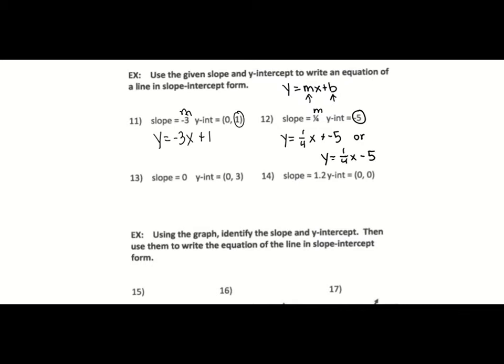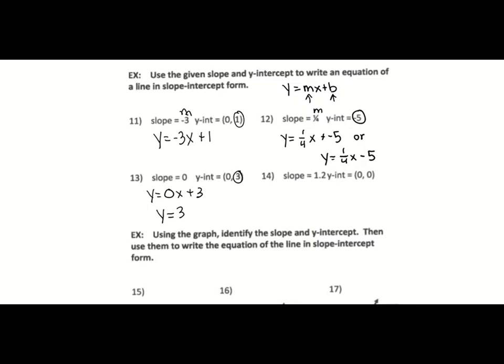Those are the same thing. Number 13, my slope is 0. So I get y equals 0x plus my b is 3. Now 0 times x is just 0, so I get y equals 3.